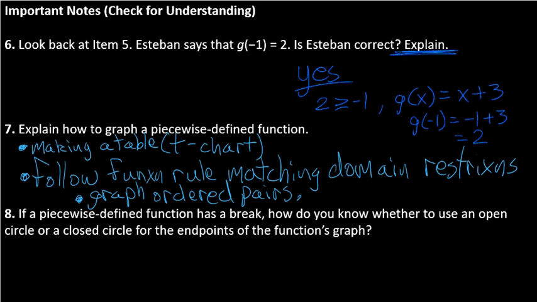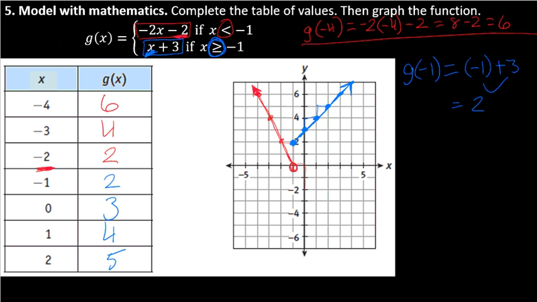If a piecewise defined function has a break, how do you know whether you use an open circle or a closed circle? So looking back over here, in red we have an open circle, in blue we have a closed circle. Well, why is that? If we look back at our domain restrictions, here in red again we see x is less than. It is not equal to negative 1, it is less than, so we don't include it.